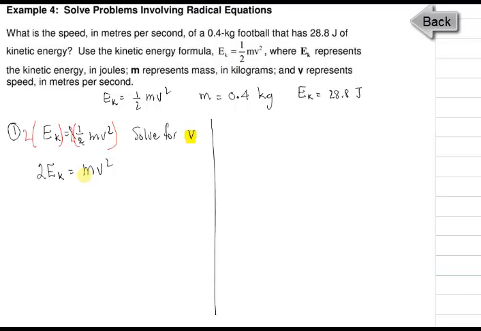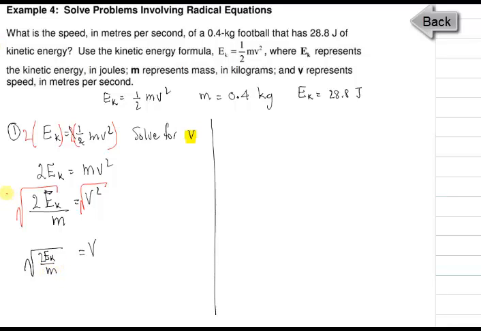Then isolate for v squared by dividing both sides by m, and so that leaves you with 2e subscript k over m on the left, and v squared on the right. And then you want to square root both sides because you need to isolate v, and that leaves you with v is equal to the square root of 2e subscript k over m.